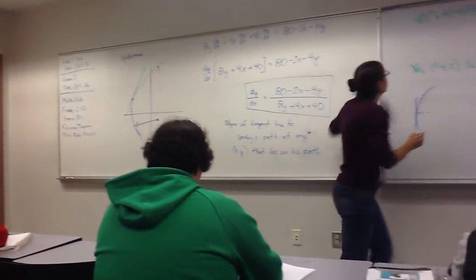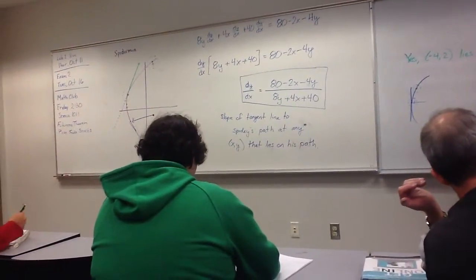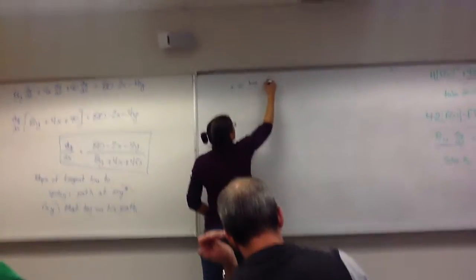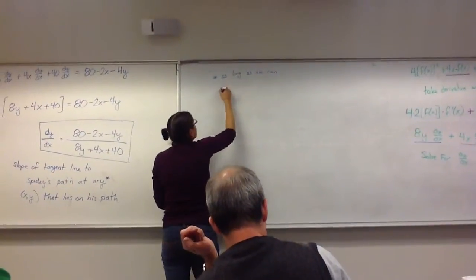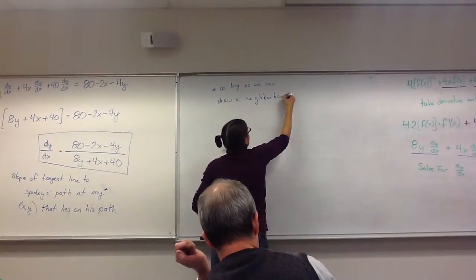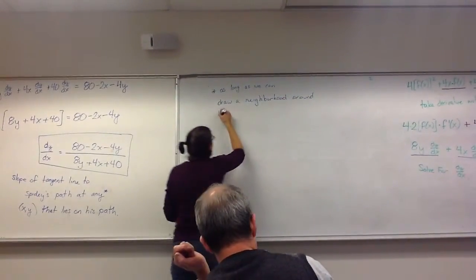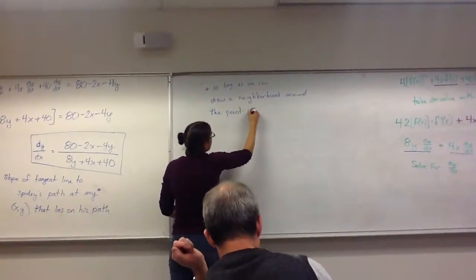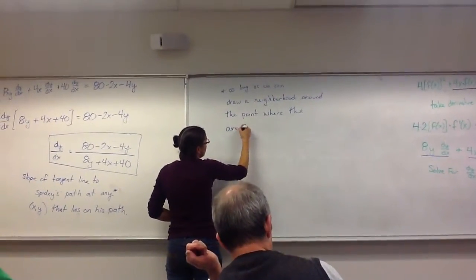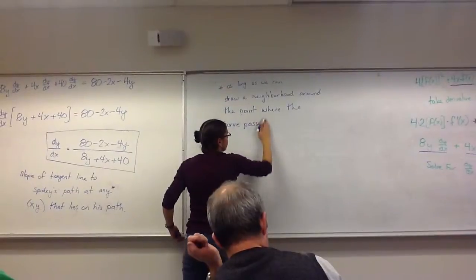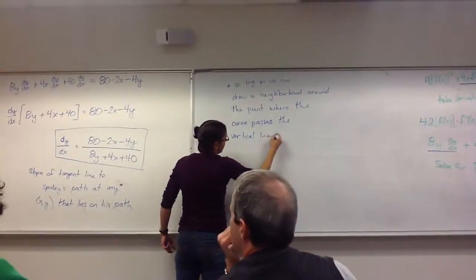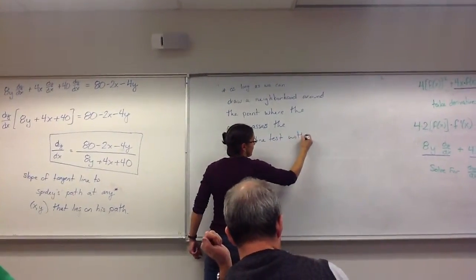And the asterisk is that as long as we can draw a neighborhood around the point where the curve passes the vertical line test within the neighborhood.